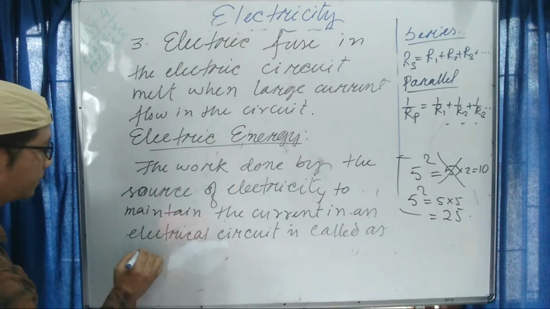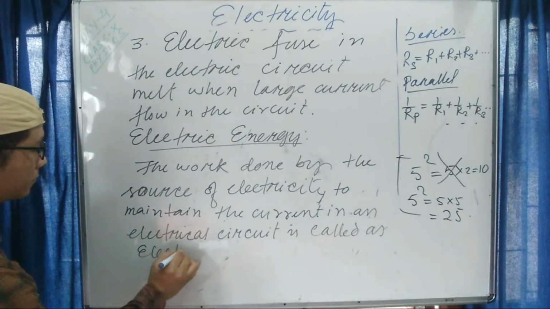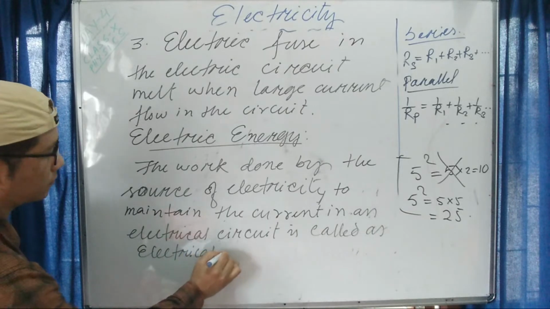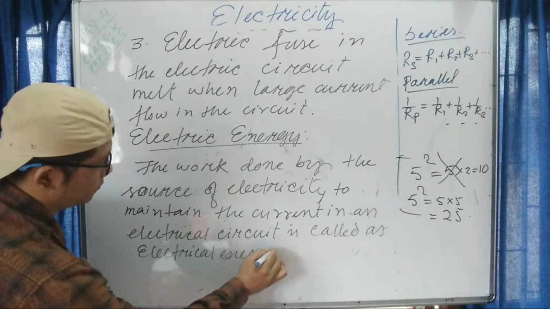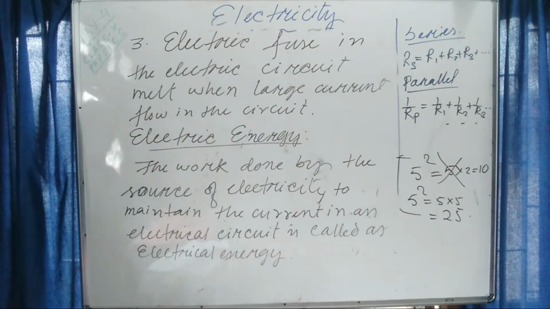Electrical energy. So the work done by the source of electricity to maintain the current in an electrical circuit is called the electrical energy.